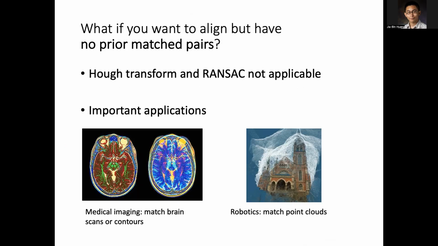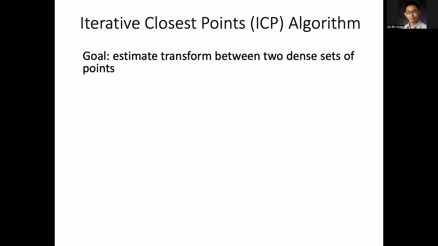And if you imagine that you have some 3D reconstruction software, you run a 3D reconstruction on one building, and you have another drone that captures another part. How do you align them so that you have a single 3D reconstruction? All these problems can be solved using a very simple algorithm called iterative closest points.